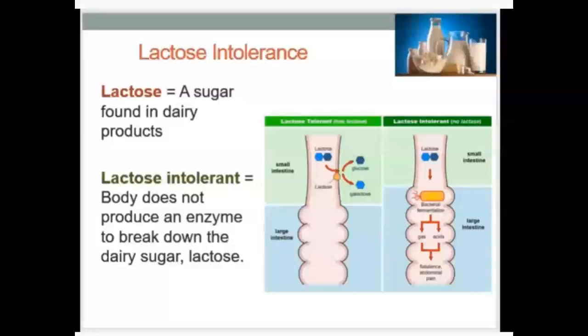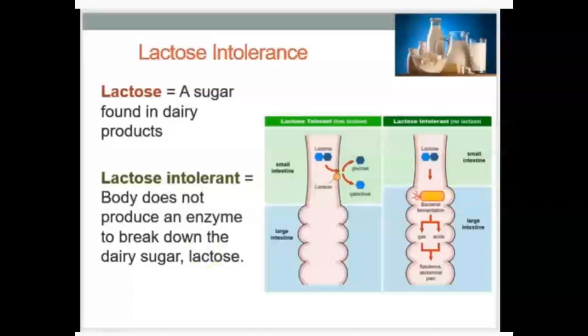But if a person who has lactose intolerance doesn't digest it in the small intestines, when it comes to the large intestines, those E. coli get a chance to break it down. And when E. coli breaks down lactose, it also produces gas, bloating, abdominal discomfort, and sometimes, unfortunately, diarrhea.